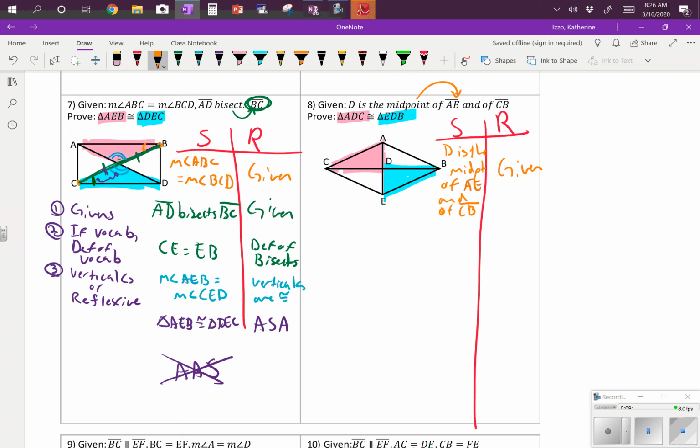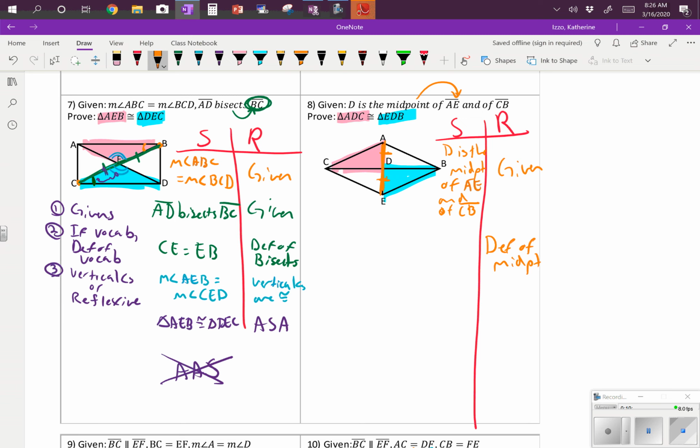Midpoint of AE means we are taking AE and we are going to slice it into 2 pieces. Midpoint means that it's in the middle, so it's 2 equal sides. So we're going to do some definition of midpoint. Because we've got that midpoint in there, we need to do definition of midpoint.